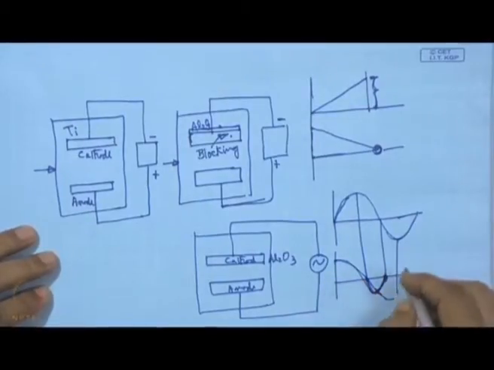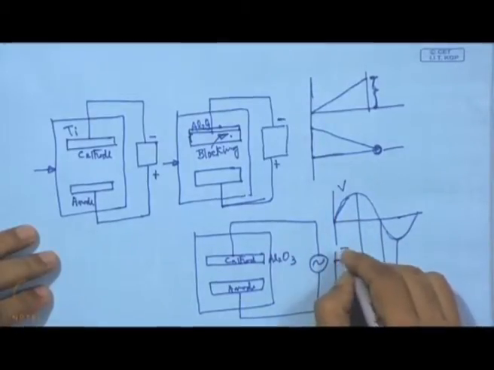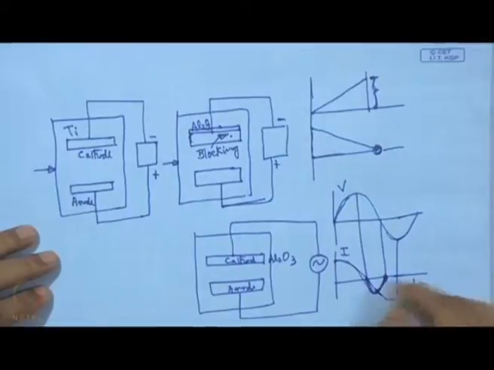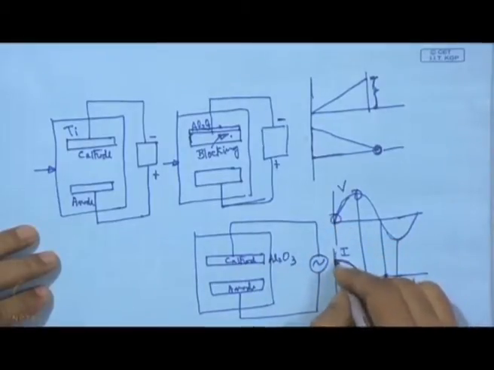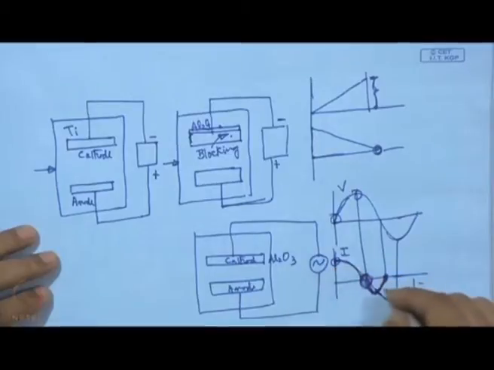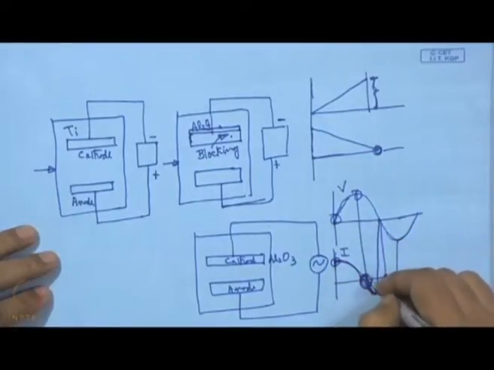Now, what is important to know here: this is the voltage and this is the current with time. Here the current is maximum corresponding to 0 voltage, and here we have the positive maximum and also the negative maximum.